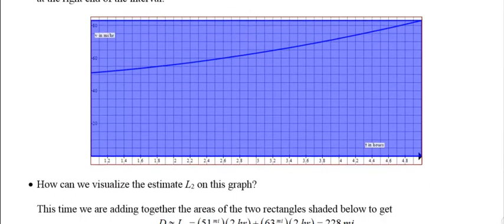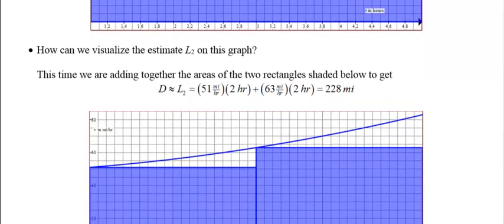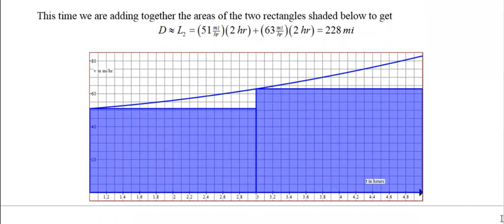Okay, well, how about L2? In L2, we broke it down into two subintervals, and we did rectangular areas on each one. In other words, we did a distance on each one. In the graph, that's two rectangular areas. So the first one, we said it was 51 miles per hour high, and delta t is 2 hours wide for the rectangle.